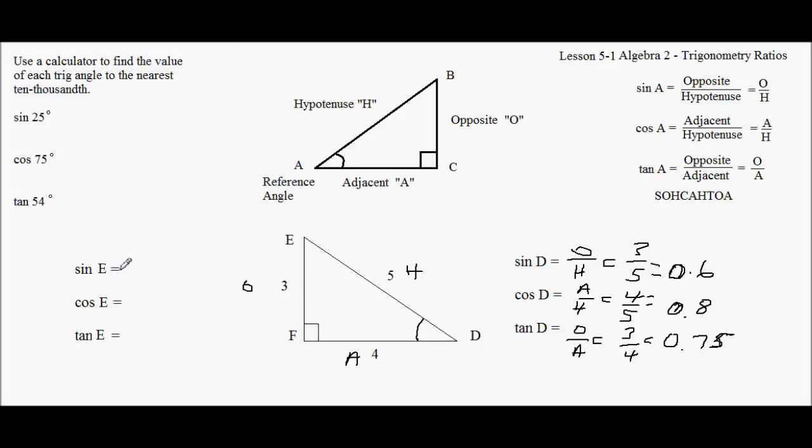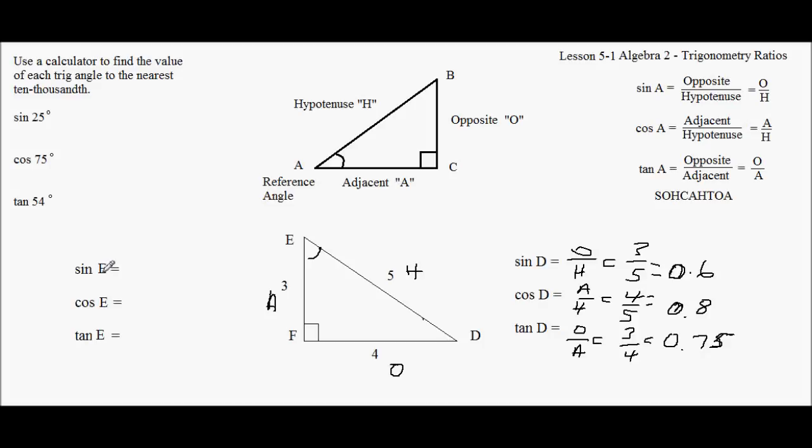Now let's look at the sine of E. That changes things. It doesn't change the hypotenuse, but it changes the opposite and adjacent, because now we're using E as the reference. So now this is the opposite and this is the adjacent.